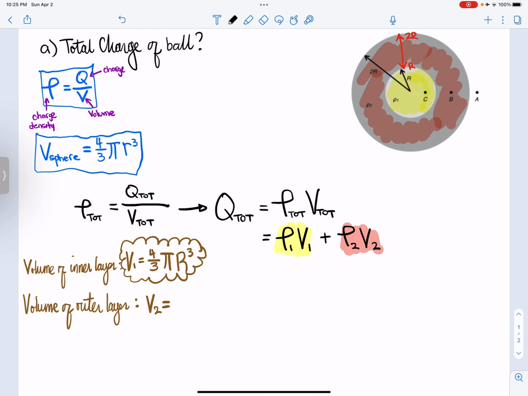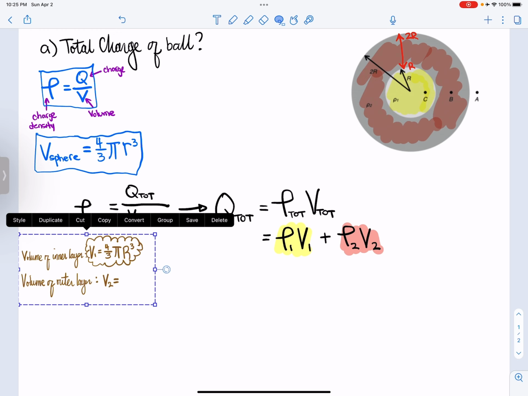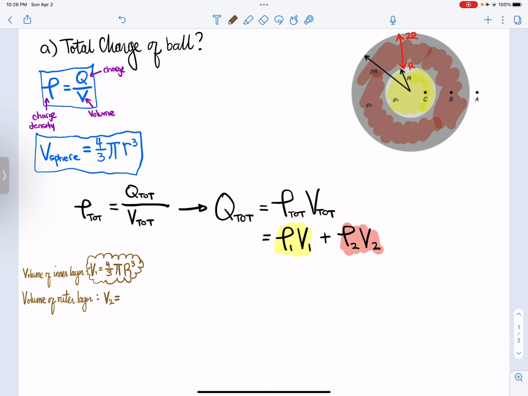So in that case, that will be 4/3 pi of, my radius here now is 2R, so I'm going to cube that, and I'm going to subtract from that this volume, 4/3 pi R cubed.